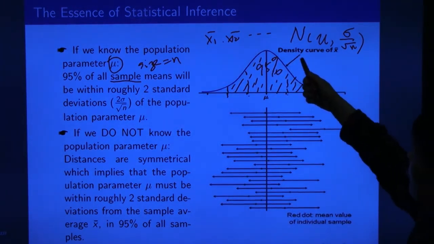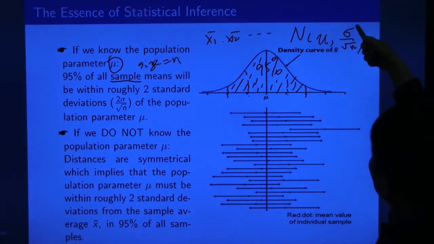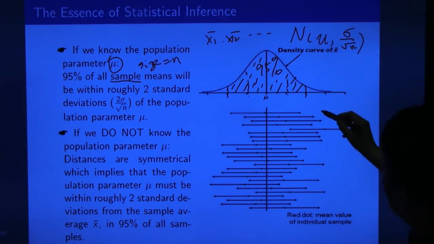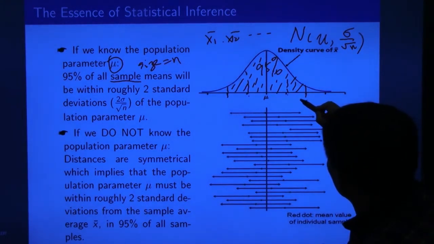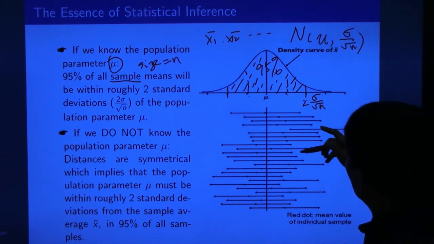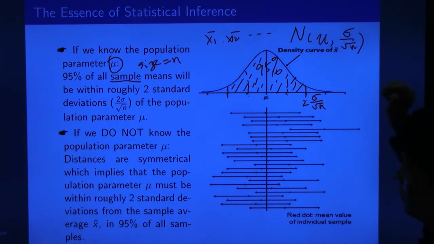Because this is a sampling distribution, the standard deviation should be sigma over square root of n. That means at this point, that is 2 sigma over square root of n. We cannot ignore this square root of n because this is the sampling distribution.